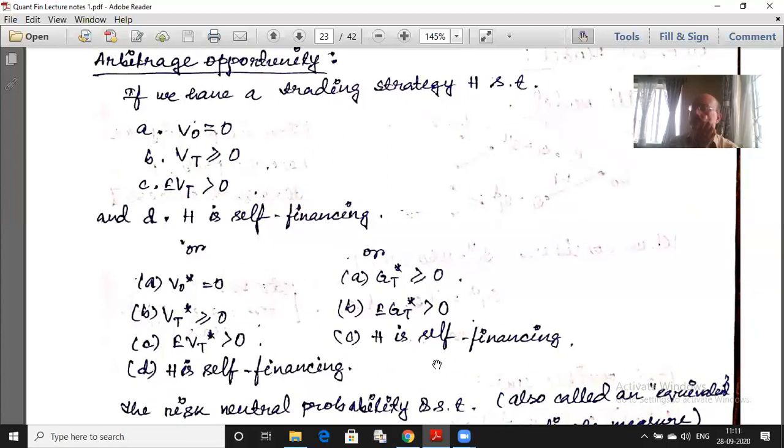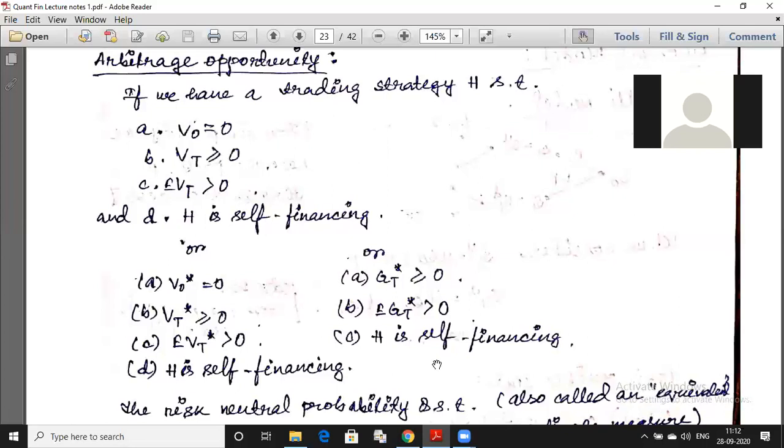So these three are equivalent definitions of an arbitrage opportunity in this set. So is this clear? Did you all get me? Is this clear?